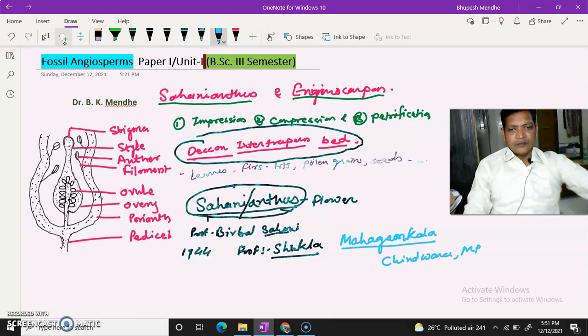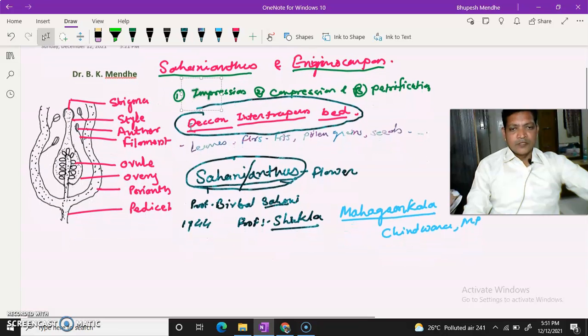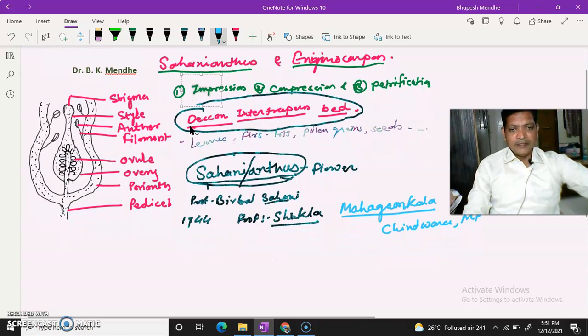So from Chhindwara district he collected this fossil and described it in detail.